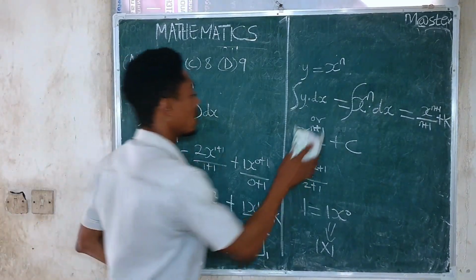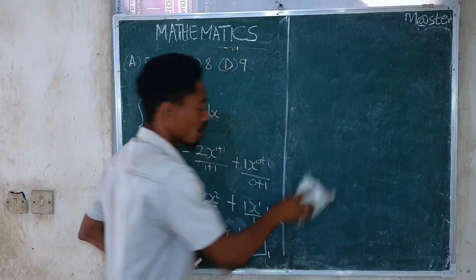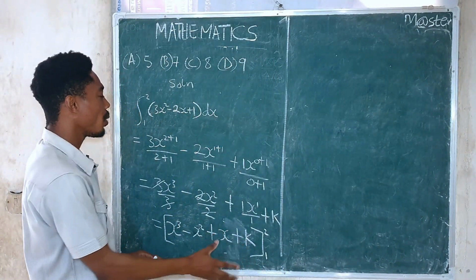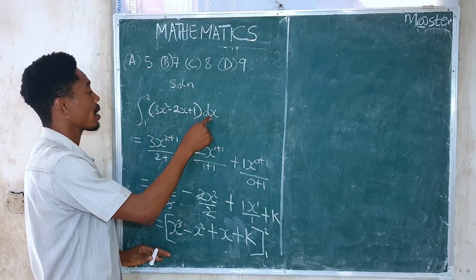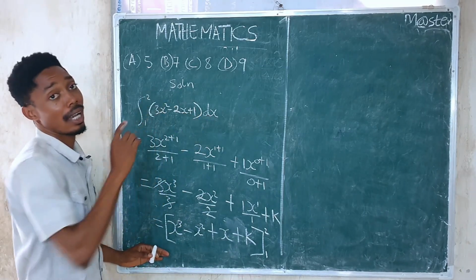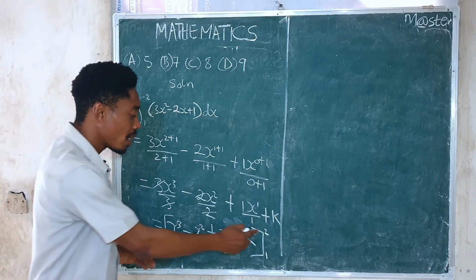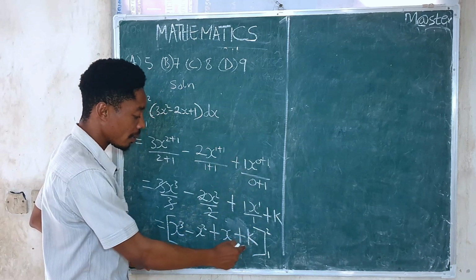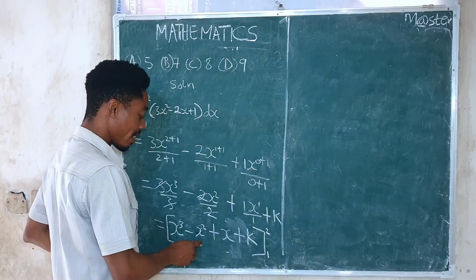So proceeding from there, what are we going to do to that boundary? This is a definite integral. We are evaluating the definite integral of 3x squared minus 2x plus 1 with respect to x within the boundaries of 2 and 1. What I will do, I'll put the value of x as 2 in here, minus the value of x as 1.